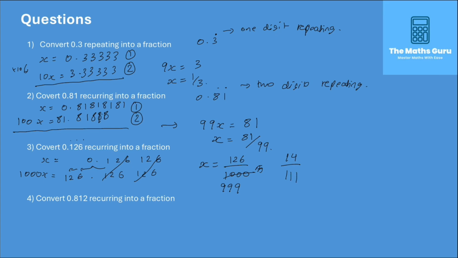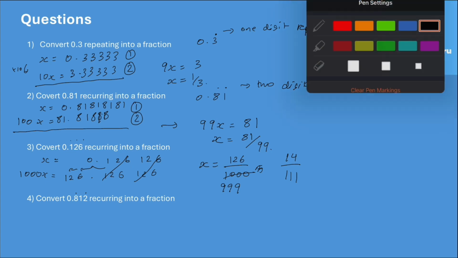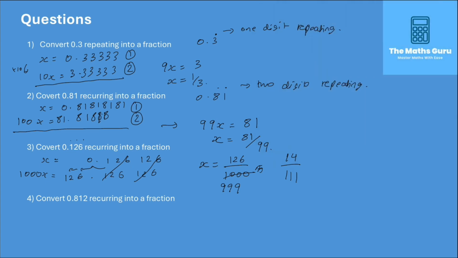Now, for question number 4, we're going to do a bit of an interesting one. We're going to say the 8 and the 2 are recurring, but our 1 isn't. Actually, no. I think that's a bit advanced. So let's do it such that the 1 and the 2 are recurring and the 8 isn't. So we're going to have x is equal to 0.8121212.